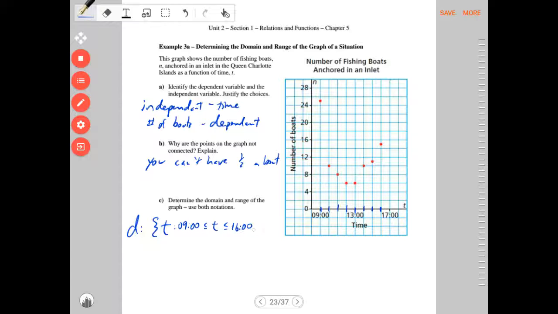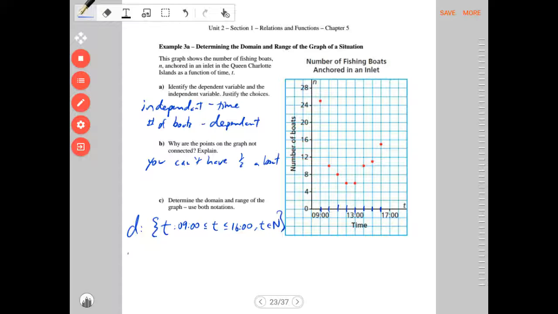Okay, now, how do I signify dots? Well, that one is time is an element of the integers. Now, really, I guess because it's from 9 to 17, we can also say those are natural numbers. Integers are positives and negatives, and I guess you can't have negative time. So, time is an element of the natural numbers. Okay, so at least in this case.